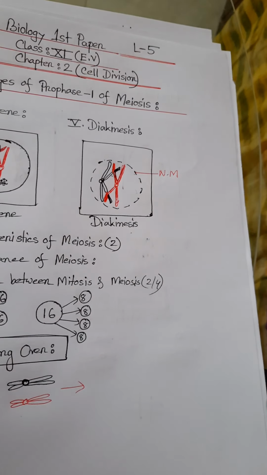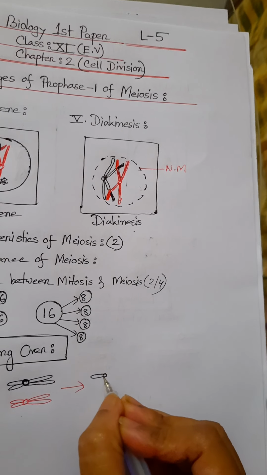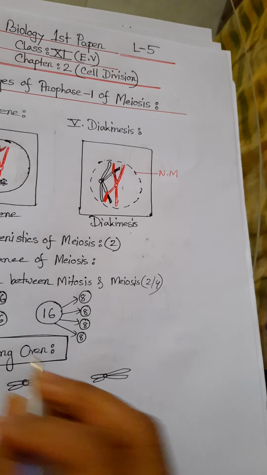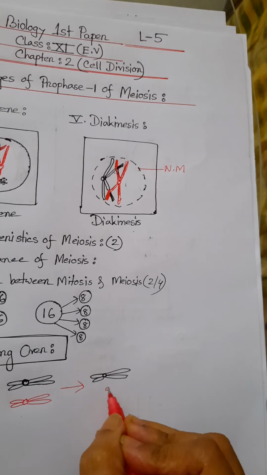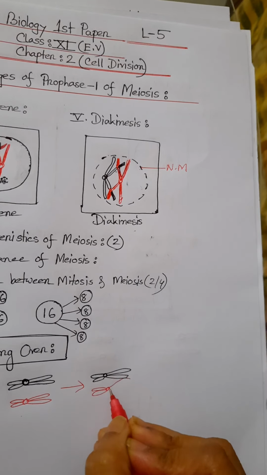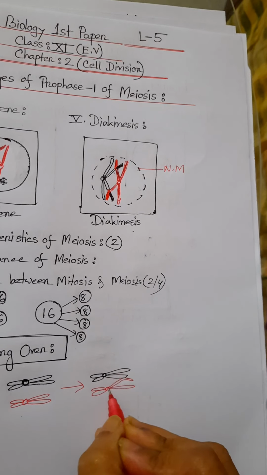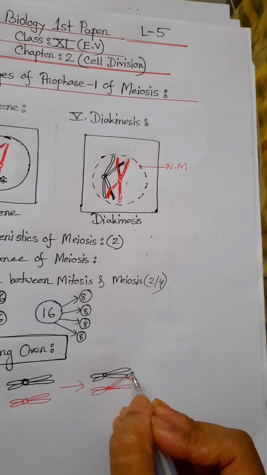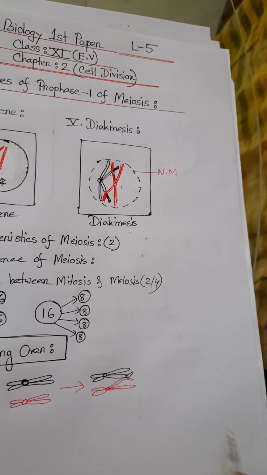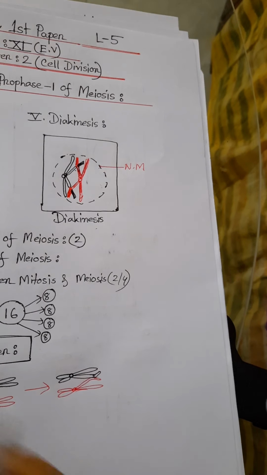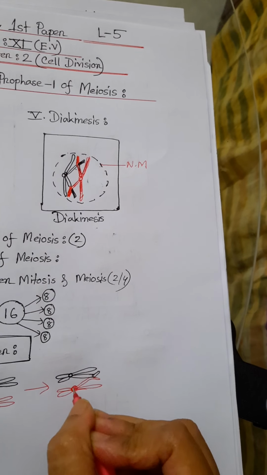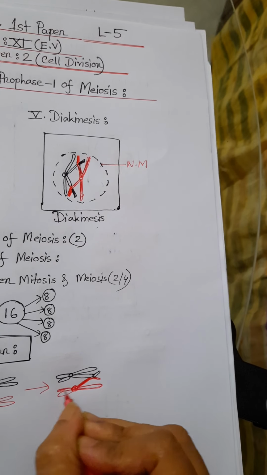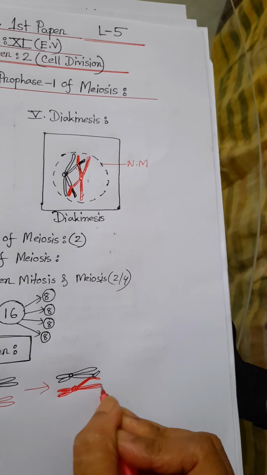Then here, this one and this. Then the chromatids, like your pachytene stage. Here the chiasma is formed, and the centromere is also present here, with 4 chromatids: 1, 2, 3 and 4.